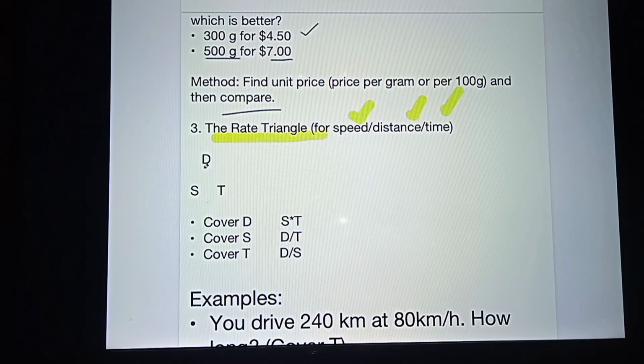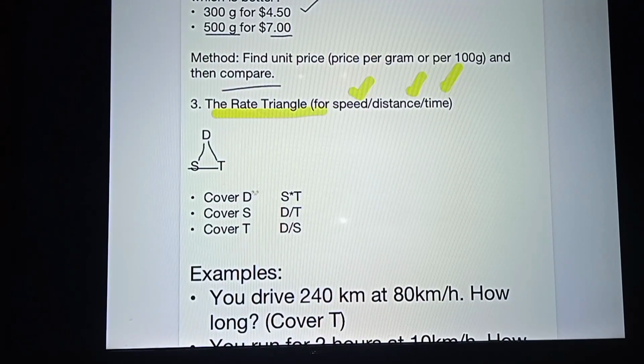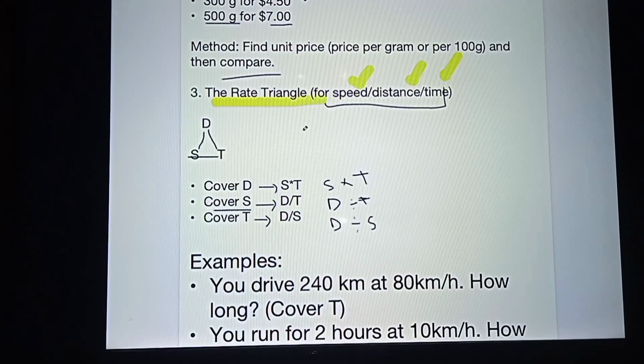These are linked to each other in a triangular shape. To cover distance, you just multiply speed with time to find the covered distance. So this is how you can manage such things, or find rate in situations where you need to find speed or distance or time.